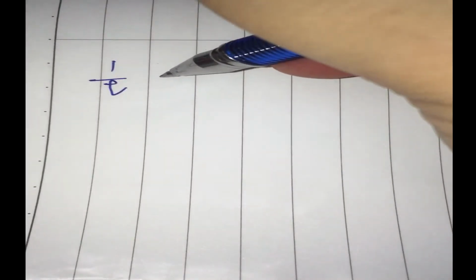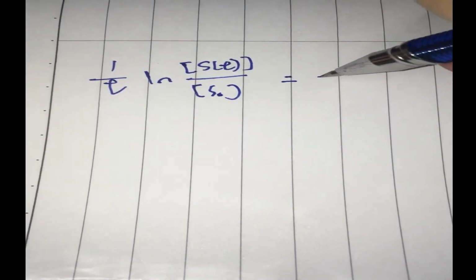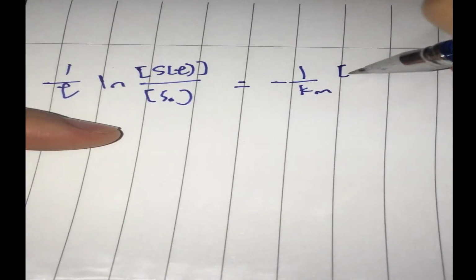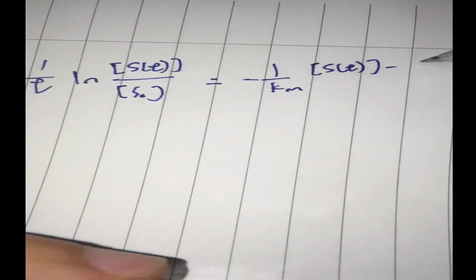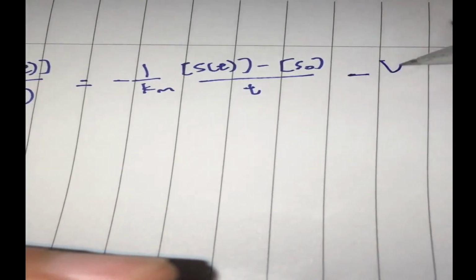Okay, so I'll probably use the other piece of paper for the next video. Anyway, 1 by t ln St, S at time t over S naught, equals minus 1 by Km, S at time t minus S naught over t, minus Vmax over Km.